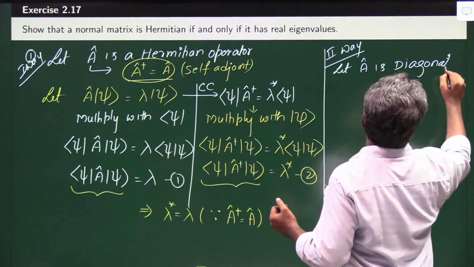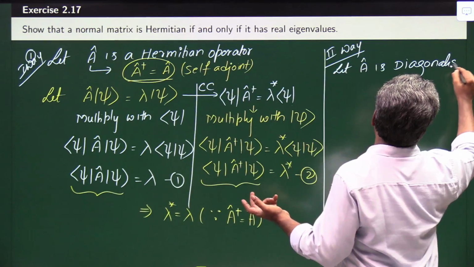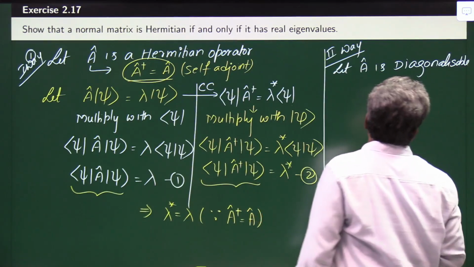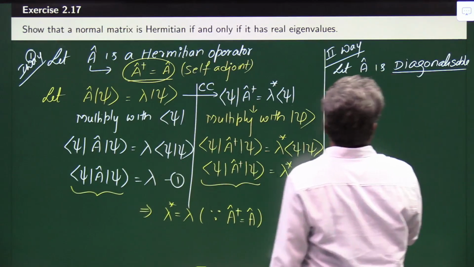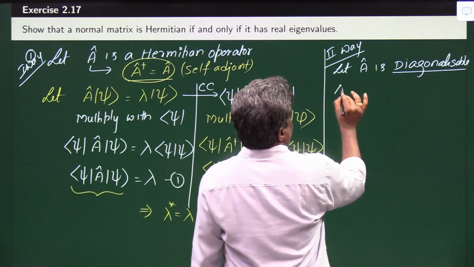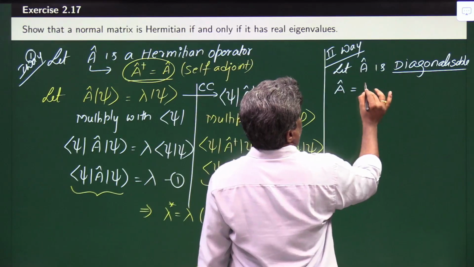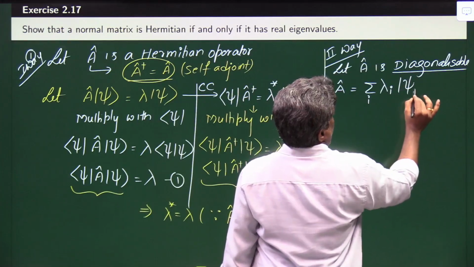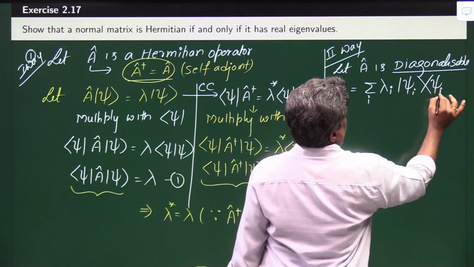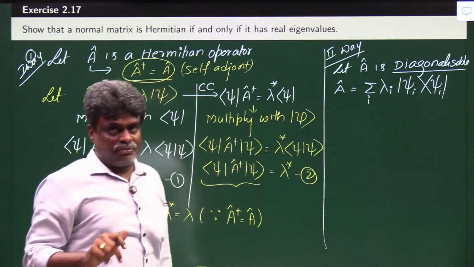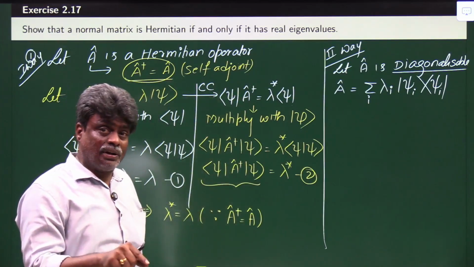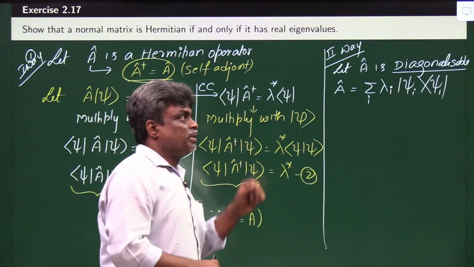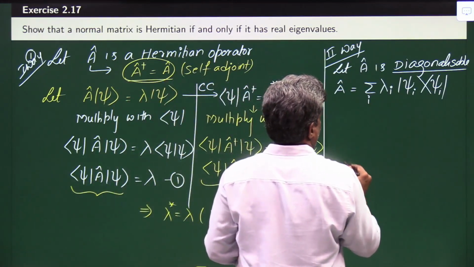This condition must be satisfied, otherwise we can't do this. Whenever a matrix is diagonalizable, we can write it as a summation over i of lambda i times outer products. That is a linear combination of outer products corresponding to eigenvectors, and the coefficients are nothing but eigenvalues.